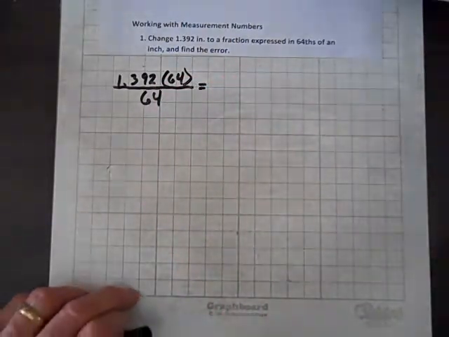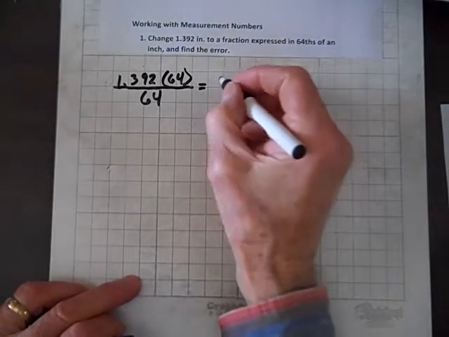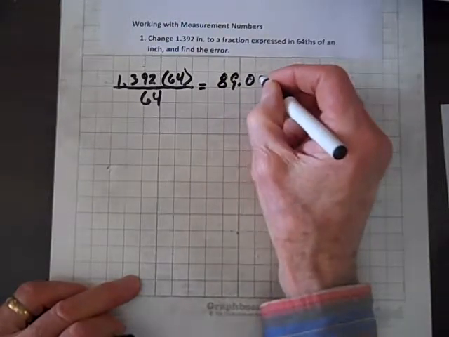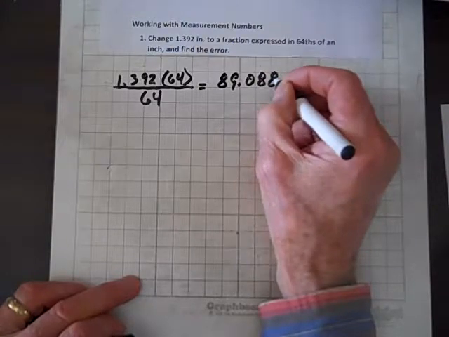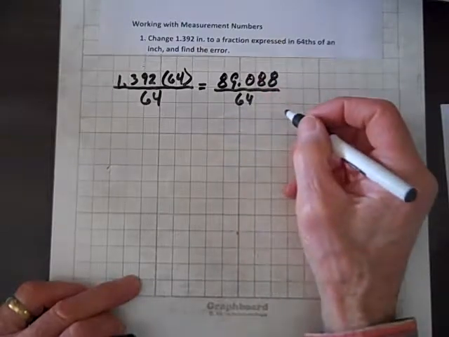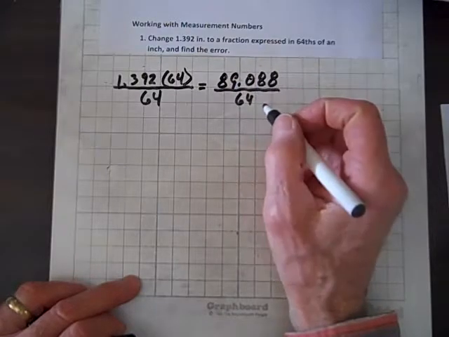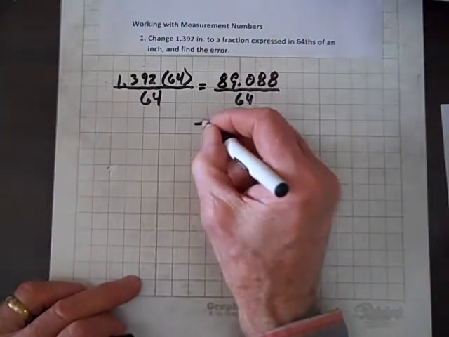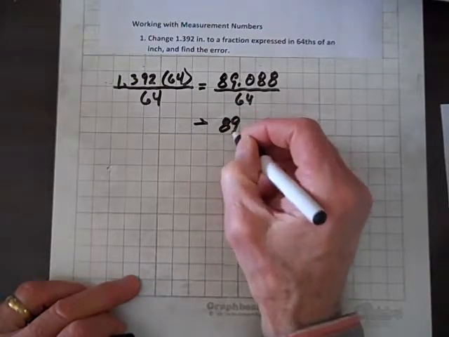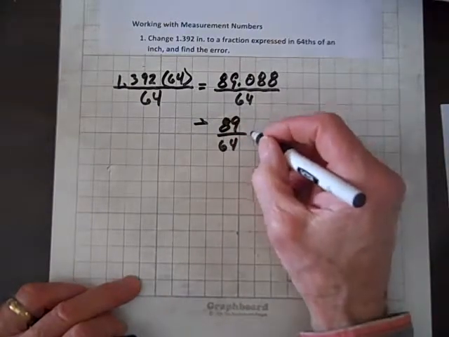Now, when we carry out the multiplication, what we get is 89.088 over 64. But we want to express this to the nearest integer in the numerator, so that is going to approach 89 when we round down over 64 inches.